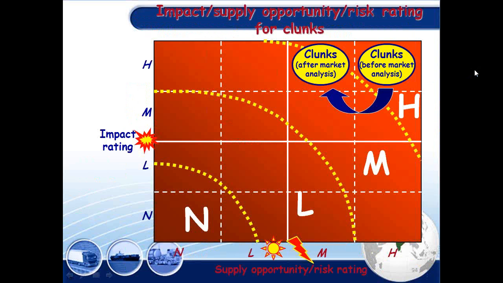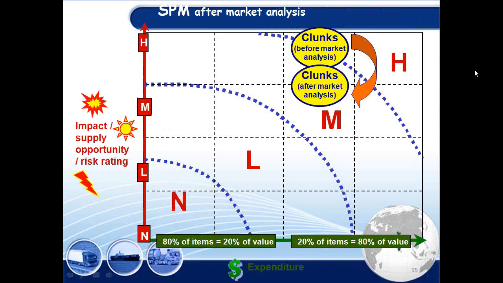Now we're trying to put all those things together: supply, opportunity, risk rating. So you can see now, impact is there, opportunity is there, risk rating is there. They've all been combined together. Now we are coming back again to SPM, the supply positioning model.